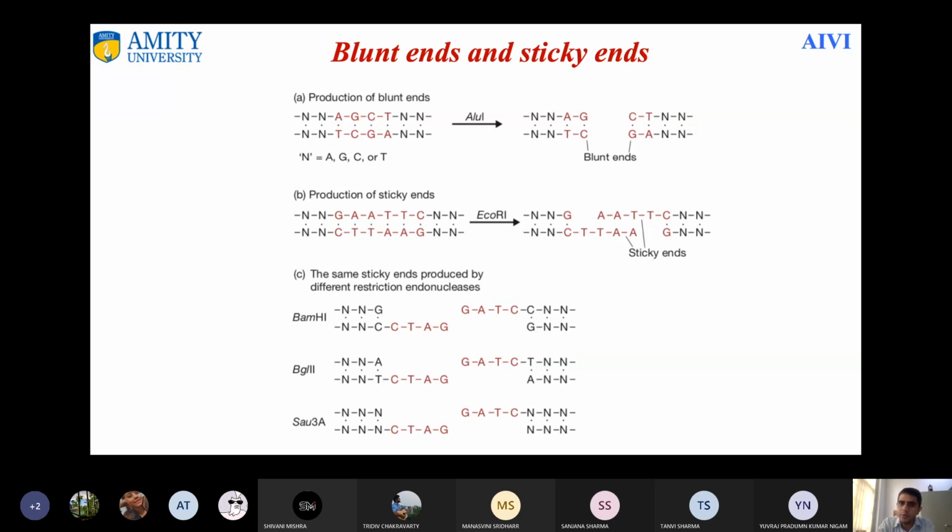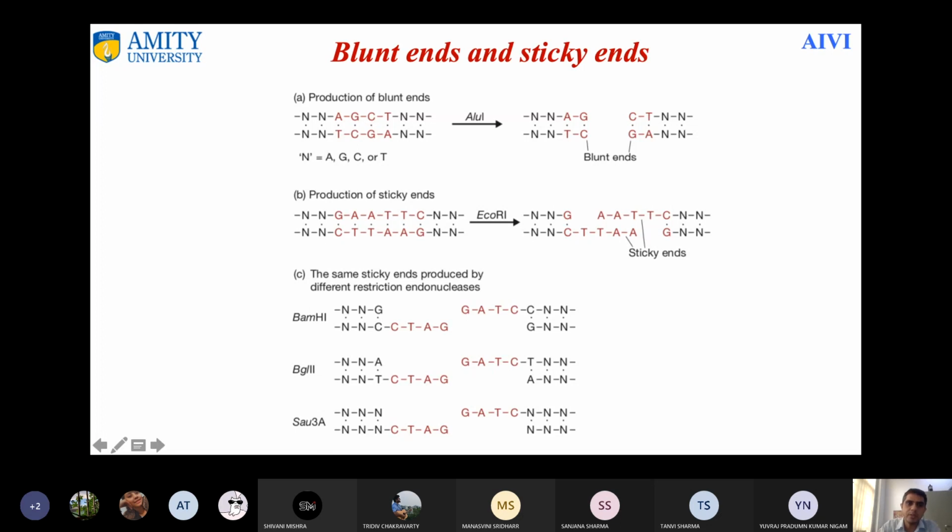Okay, so now when they act, what type of cut do they produce? Depending upon their cutting habit, they produce two types of cut. One is the blunt and second is the sticky. If they are producing a cut at the same location on both the strands, for example, this is the sequence.